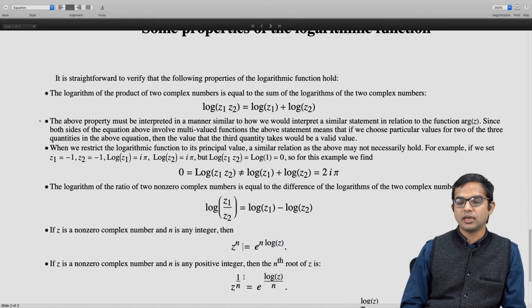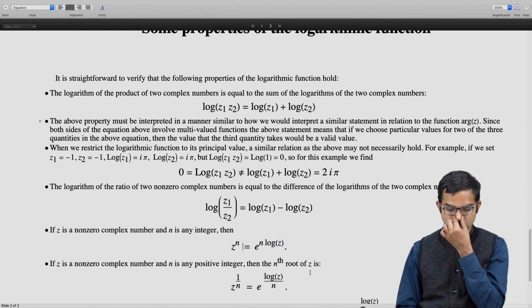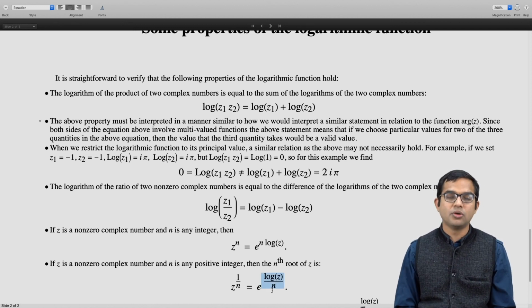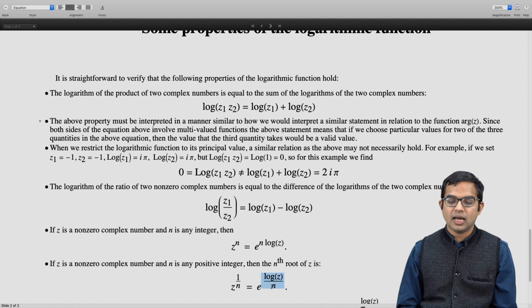But when you take the nth root of a complex number, so z to the 1 over n, now you have exponential of log z over n, and so now because you have this denominator n sitting here, if you have i times 2 pi k, there are going to be n distinct values for this, right?